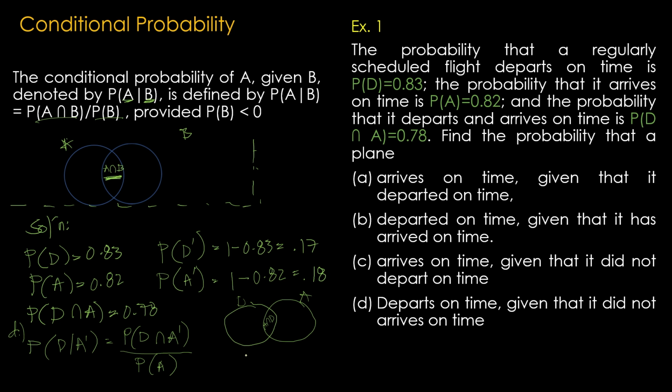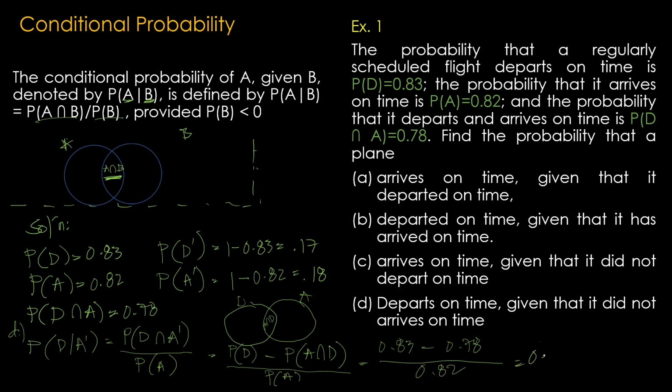So that would be event D minus the intersection between A and D. That is the probability of D less the probability of the intersection between A and D, all over the probability of A. The probability of D is given, 0.83, less 0.78 for the intersection, divided by the probability of A, 0.82, and that is equal to 0.06097, or 6.09%.